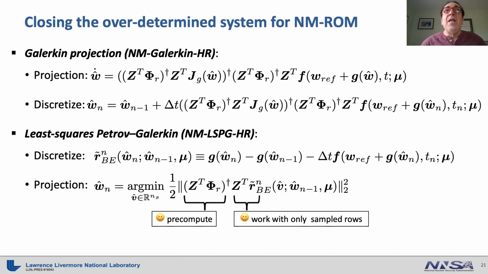So we're going to have multiple metrics: speed up, accuracy, and generalization, meaning how far from the base point that you mentioned you can be and still get what accuracy.